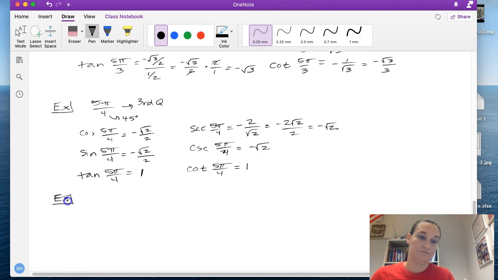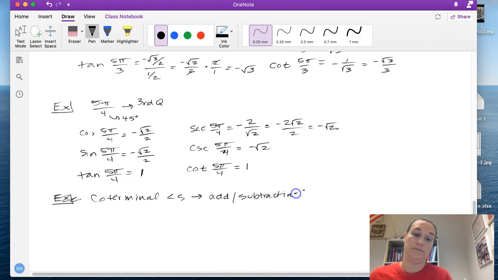Oh, I forgot. Coterminal angles, just a quick mention. If you have a negative angle, or an angle that's bigger than 2 pi, remember you find a coterminal angle by adding or subtracting 2 pi.